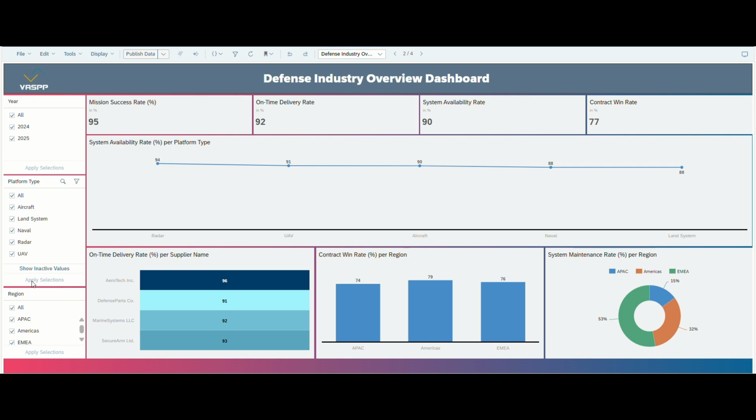These include filters like year, platform type, and region, which help to filter these charts and KPIs. Together, these metrics form a complete picture of your operational readiness posture. They not only demonstrate how well defense programs are aligned with mission assurance, but also how asset health and contractual performance are being managed to sustain long-term readiness and reliability.